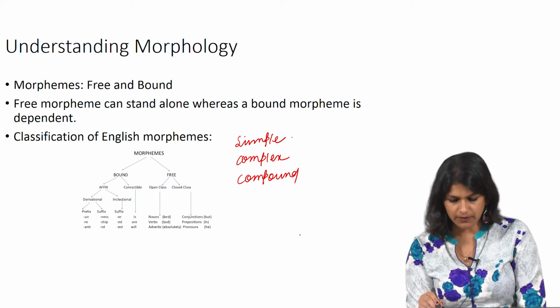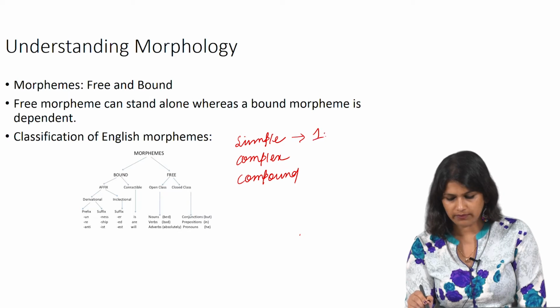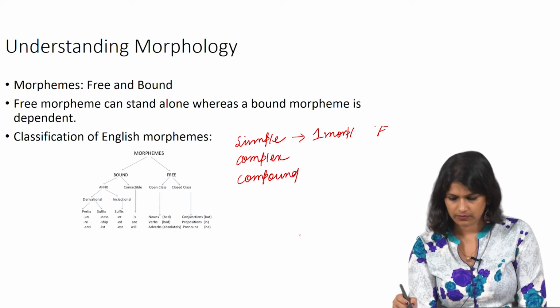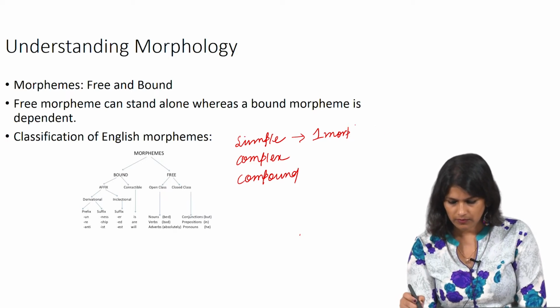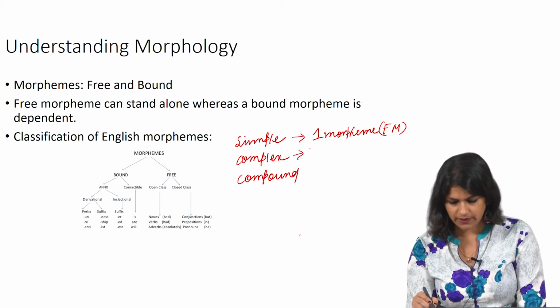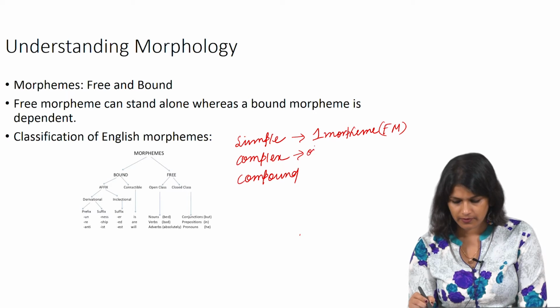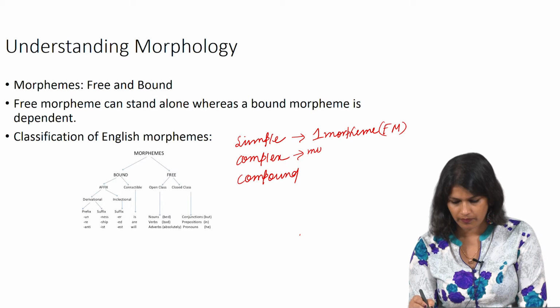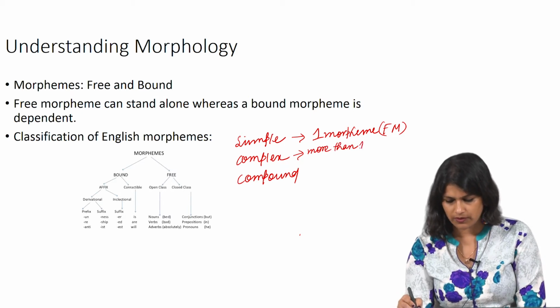So, if it is a simple word, it will have one morpheme and this will be a free morpheme, FM. Remember the notation. And when it is a complex word, it will have more than one morpheme, could be 2, 3, 4 depending on the number.